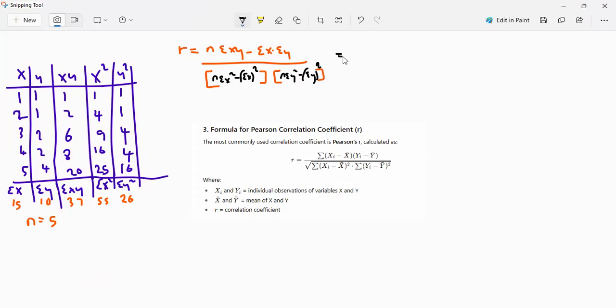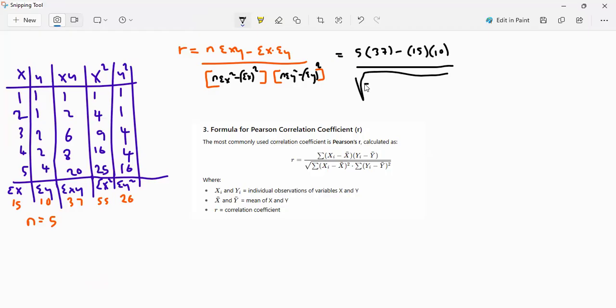So what was our n? 5. Summation of xy? 37. Summation of x? 15. Summation of y? 10. Okay. Somebody send me the first 10 projects so that we also quickly have a look at it in this simpler manner.